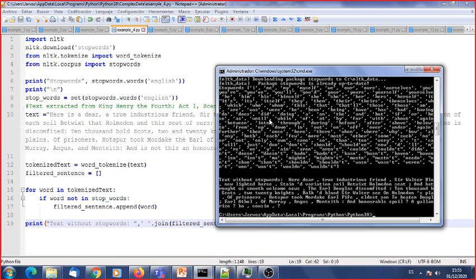If you see the final output, it's the text without these stop words.